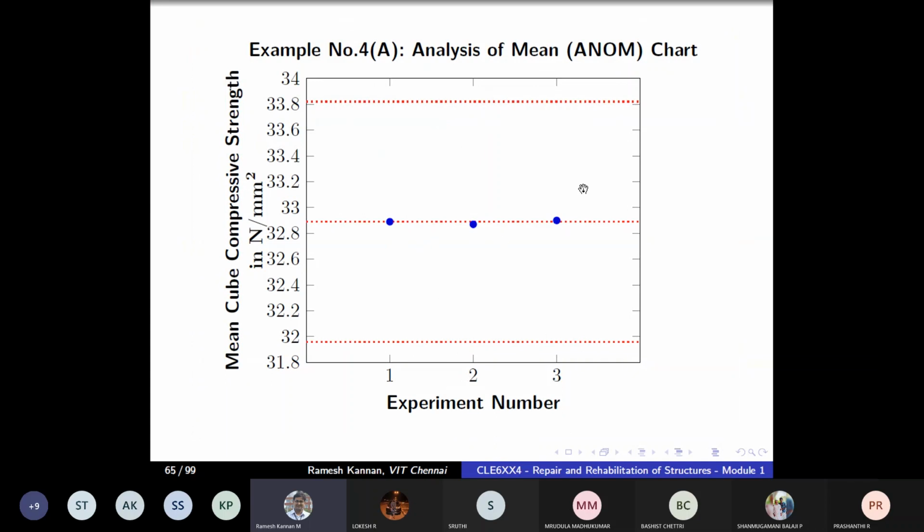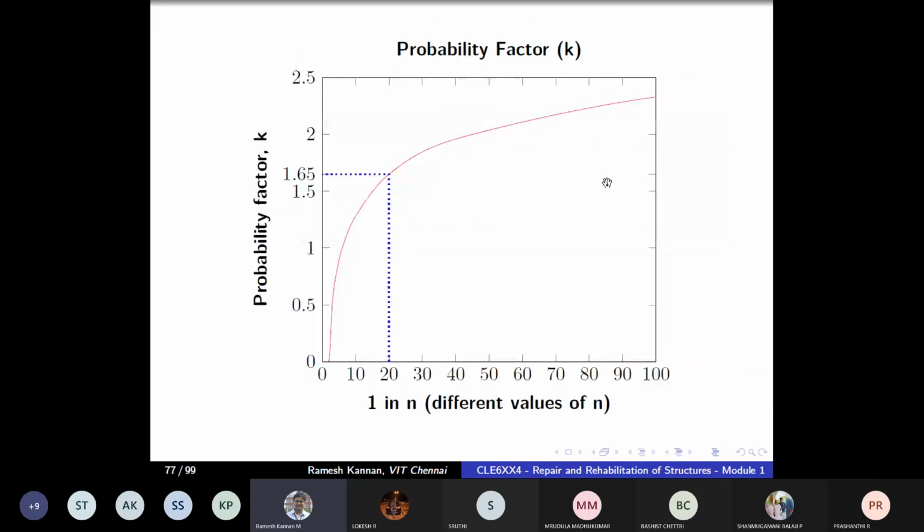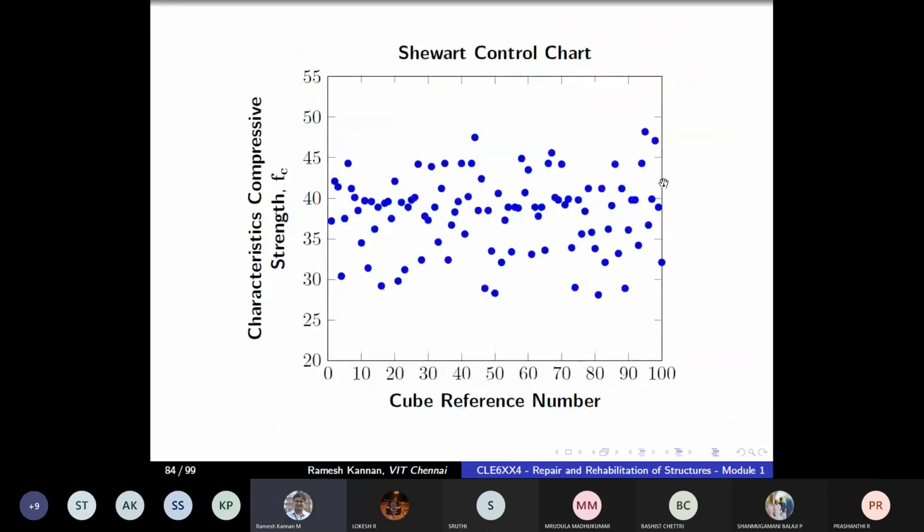In this case it is all mean compressive strength, and similarly here it is just the compressive strength, not mean compressive strength, just the compressive strength value plotted for 100 cubes. This is M30 grade, so the minimum is somewhere here and maximum is somewhere here, and this is the whole scatter plot of the compressive strength values, right?